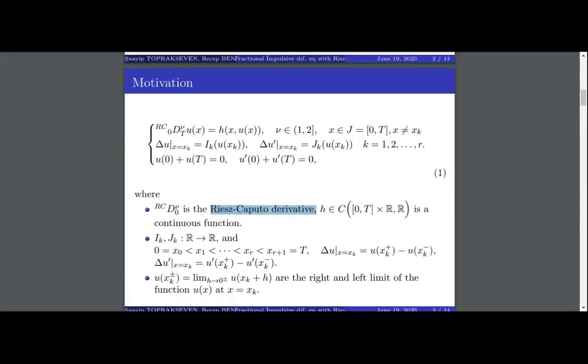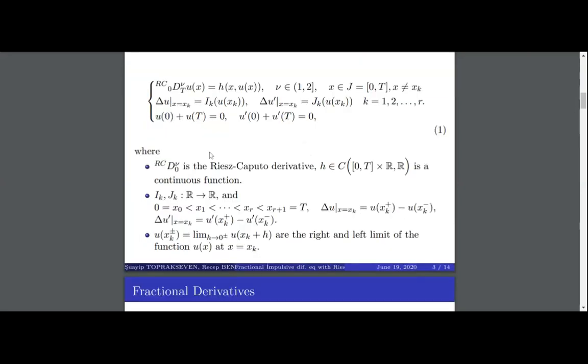And we assume h is continuous and the fractional order is between 1 and 2. And we use antiperiodic boundary conditions.